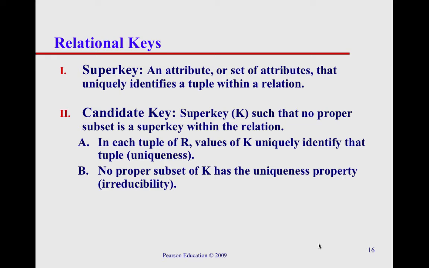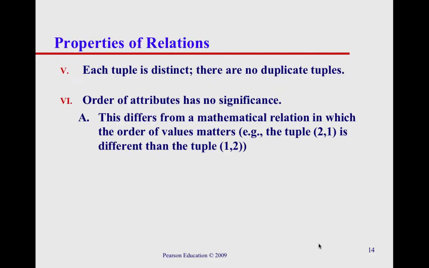What guarantees, what is always a superkey? Given a relation, any relation, what is guaranteed to be a superkey? The what? Primary? Nope, you're jumping ahead. Primary key is a different concept. I'm just asking what set of attributes is guaranteed to be? The set of all attributes. And why is that?